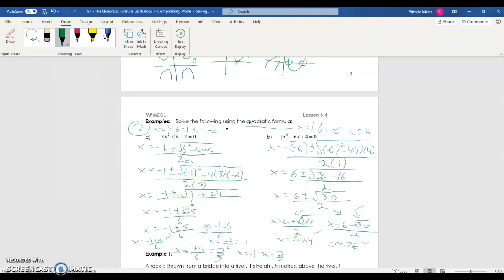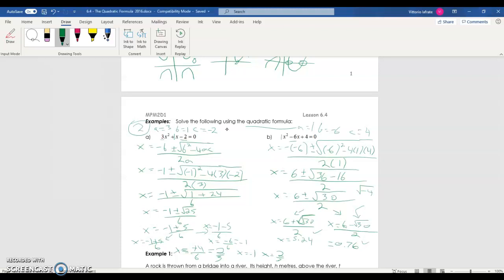You can't do a square root of a negative number, at least not in grade 10. There's ways around it later on, but in grade 10, if you see something like the square root of negative 4, put that in your calculator, you'll see that it won't work. So go ahead and try that now. Just go in your calculator and do the square root of negative 4 or negative 6 or whatever it is, and you'll see you'll get an error.